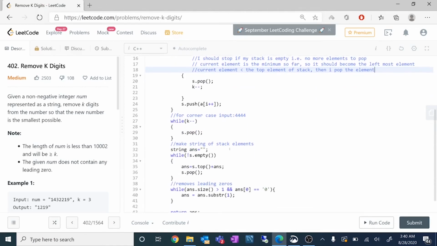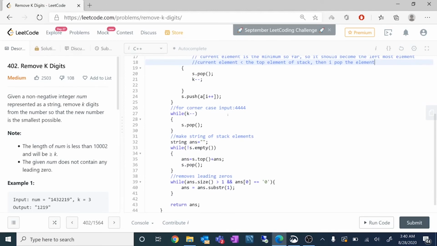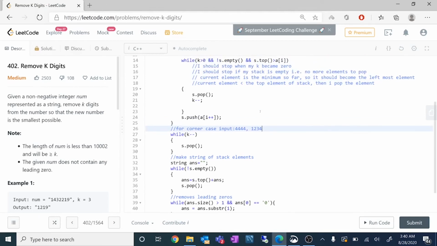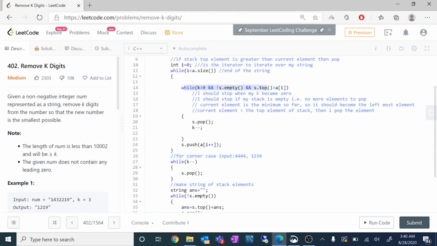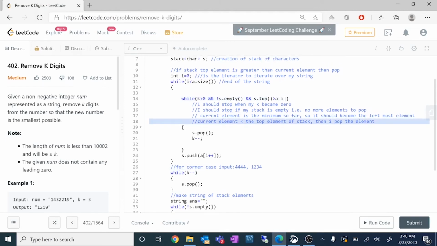Now this is the corner case that generally people miss. At the end, when my k is not exhausted, for this type of input, 1, 2, 3, 4, you'll see that this condition has never become true, because my current element will never be smaller than the top. So what will I do in this case?